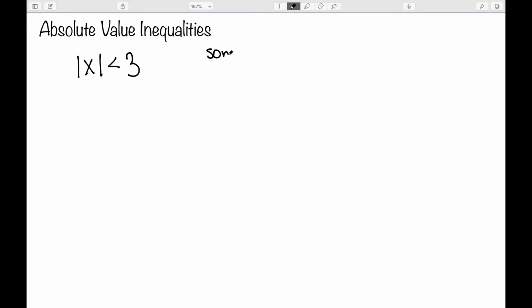While there are infinitely many possible answers to this, let's think of some things that have an absolute value that is less than 3. The absolute value of 2 is less than 3. The absolute value of 1 is 1. That's smaller than 3. The absolute value of 0 is less than 3. -1, -2.